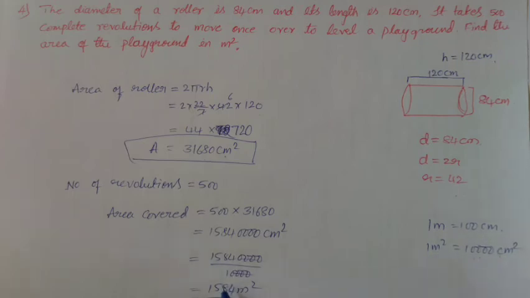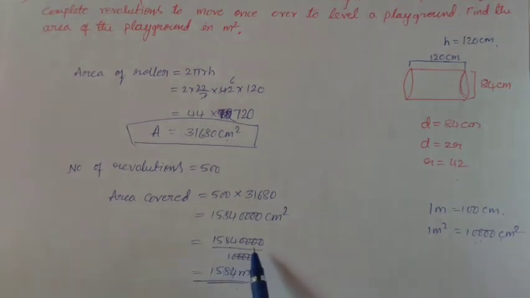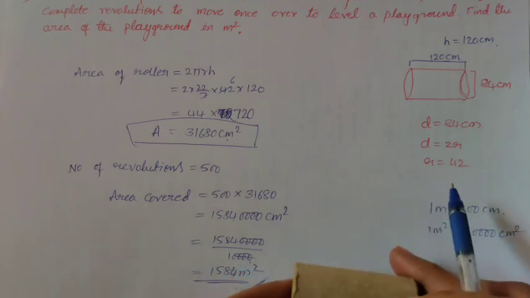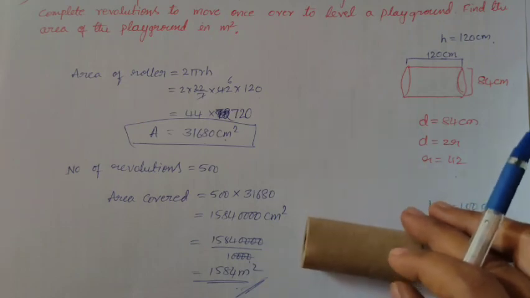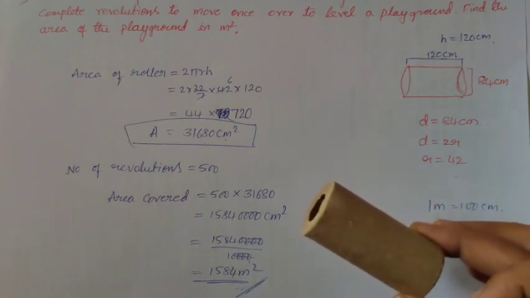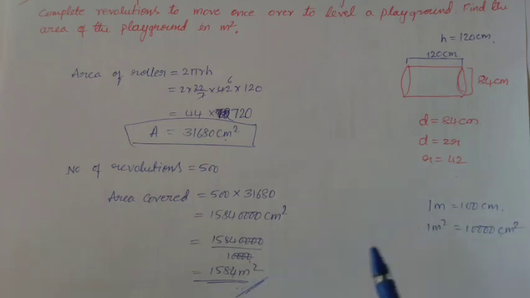So you divide 1580000 by 10,000, the 4 zeros cancel, and we get 1580 meter square. So for 500 complete revolutions of this roller to level the playground, the area of the playground is 1580 meter square.